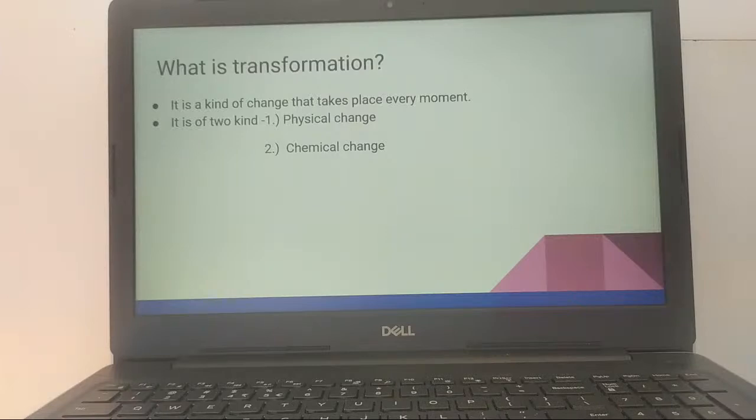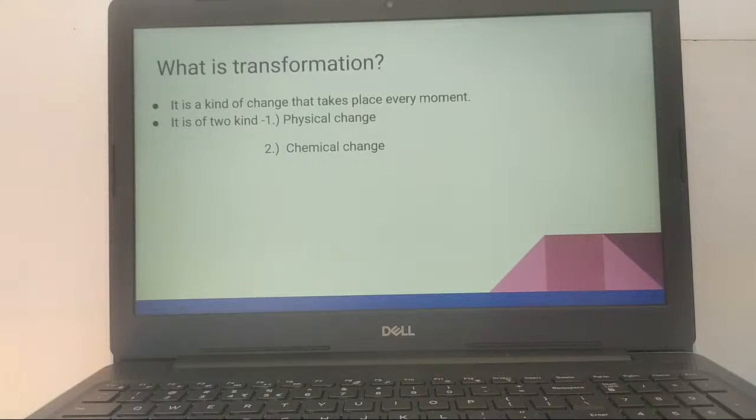I'll talk about another example, that is burning of paper or wood. What happens when paper burns? Actually, paper or wood are made up of a substance called cellulose.